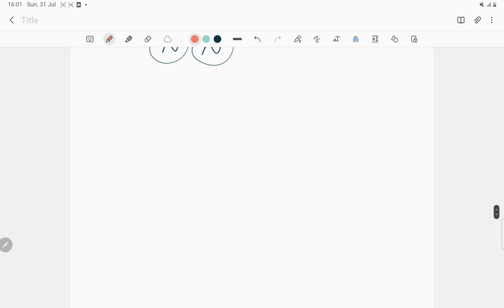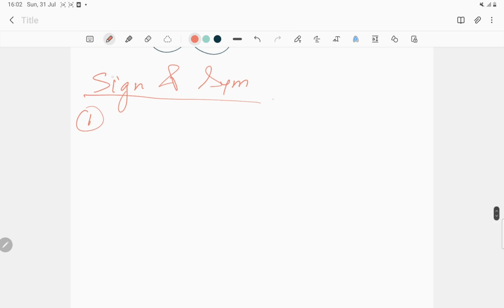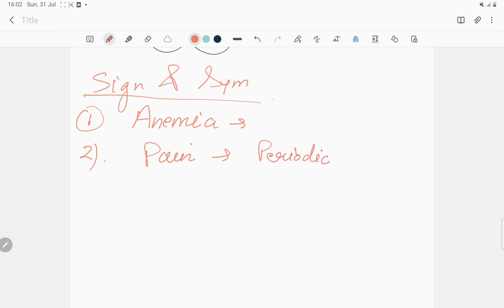Now what will be the signs and symptoms? Obviously the first and important is anemia, which will be hemolytic anemia. The second is pain, and this pain is periodic, in episodes. And why is this pain there?